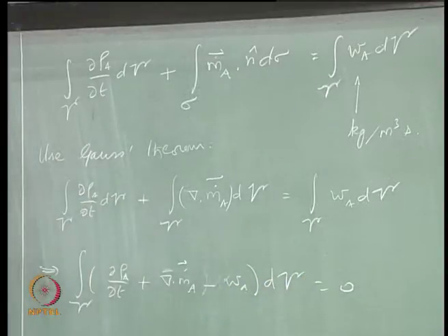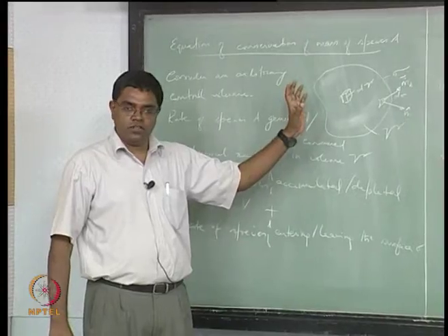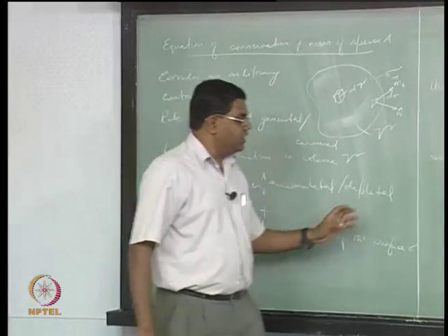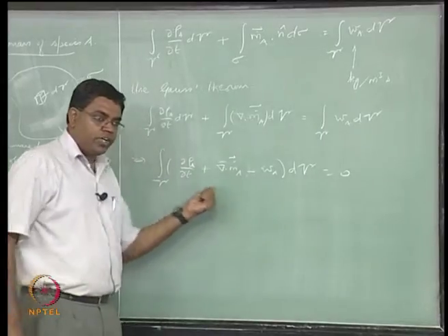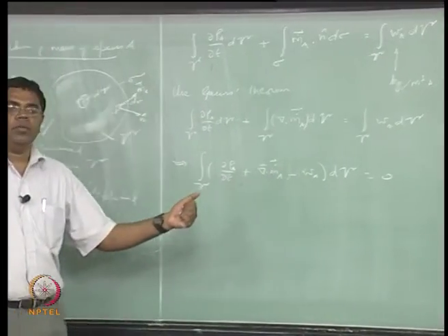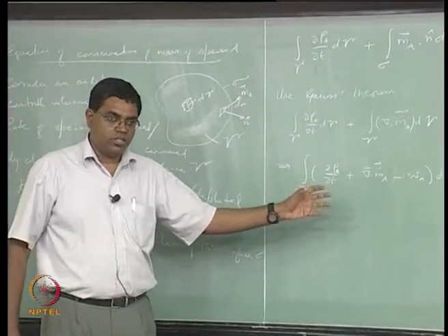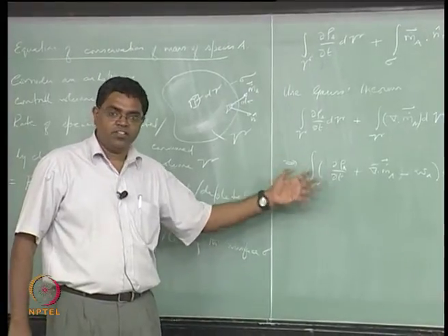dV equal to 0. Here is where we now invoke the arbitrariness of the shape of the control volume that we have considered. Now if this integral has to be 0 for the entire volume, for any arbitrary volume in general, that's possible only if the integrand is 0.